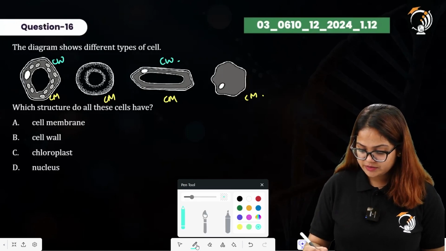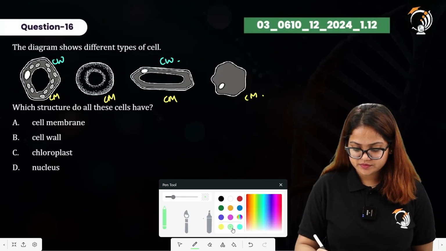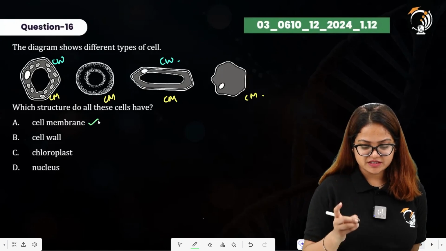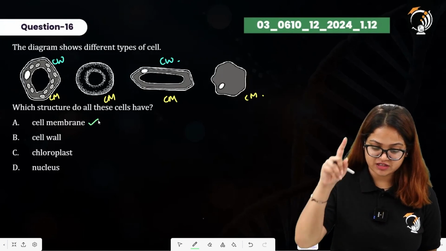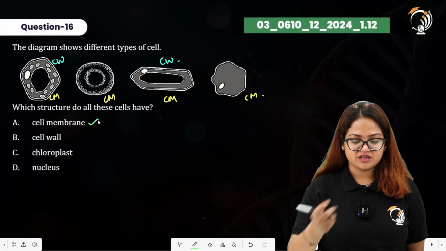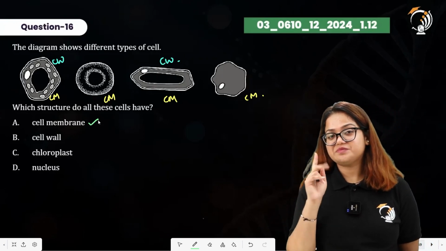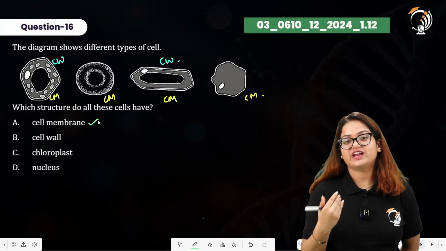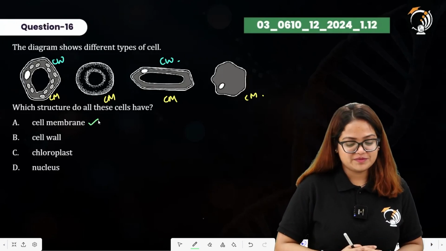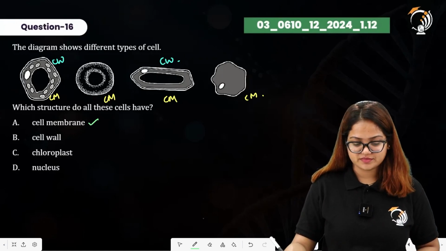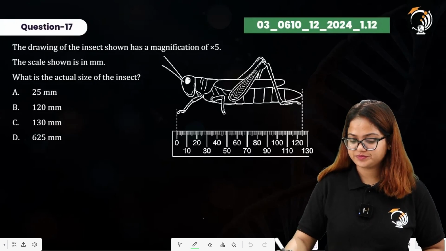Now coming to the options here, cell membrane is present in all, cell wall is present in two of them, chloroplast is present in the first cell, nucleus is present in first, third and fourth. And you can also identify that this second cell must be the RBC, since the mature RBC does not have a nucleus when it is mature. Option A is the right answer.